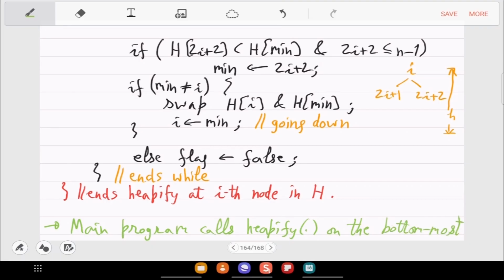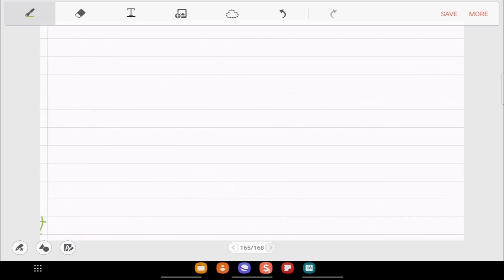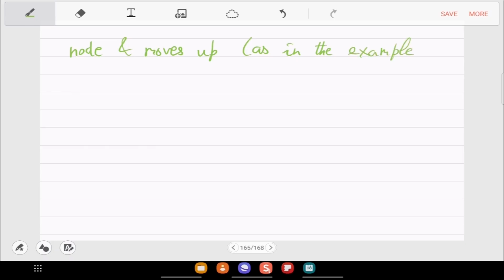So main program calls heapify on the bottommost node and goes up, till you reach the root.